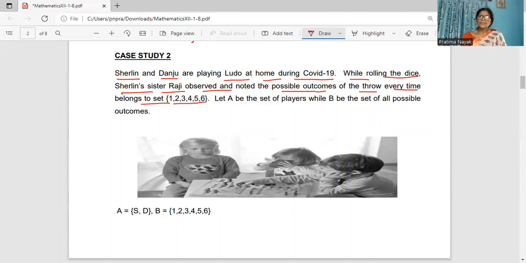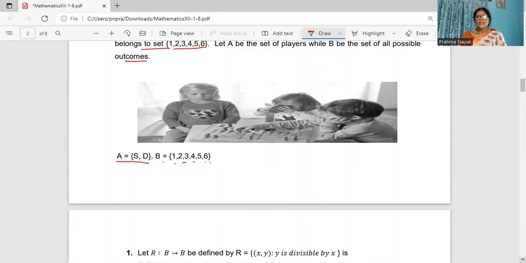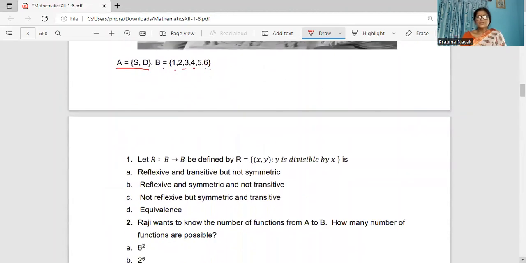Let A be the set of players. So A is the set of players, it contains Charlene and Danju. So A is S and D. B is the set of all possible outcomes, so B is 1, 2, 3, 4, 5, 6.